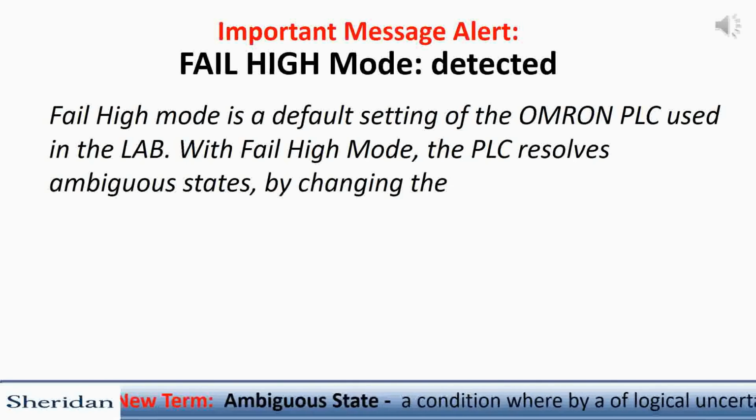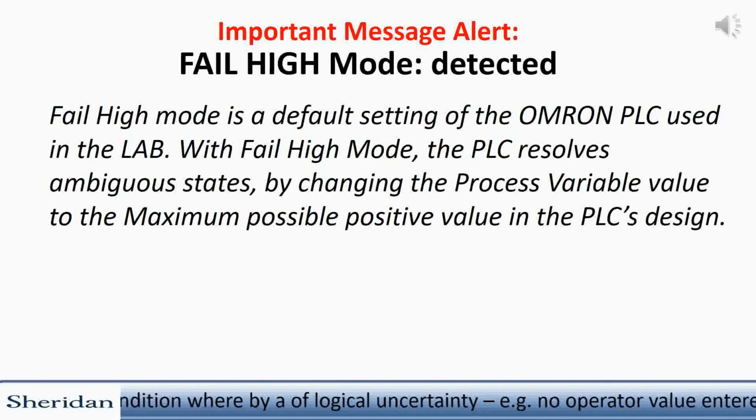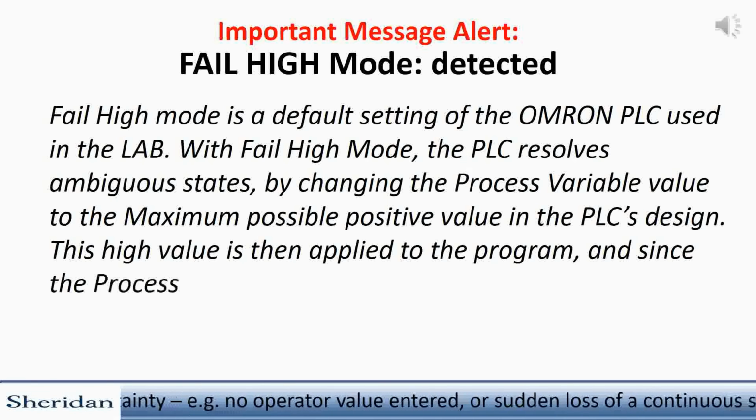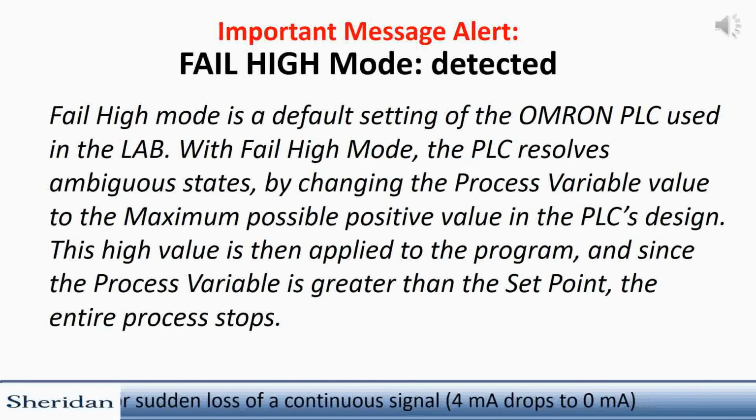With fail high mode, the PLC resolves ambiguous states by changing the process variable value to the maximum possible positive value in the PLC's design. This high value is then applied to the program, and since the process variable is greater than the set point, the entire process stops.